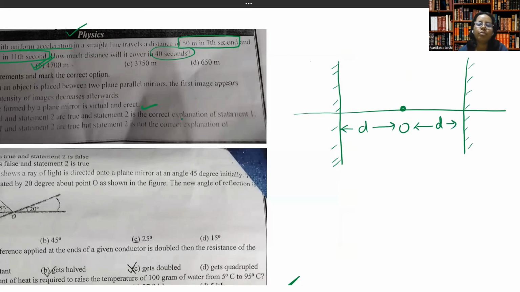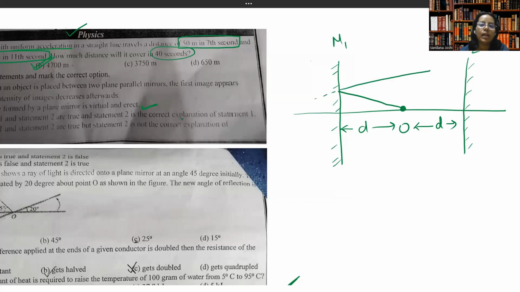Now, if I look at this M1 and let it be M2, if the light from this object falls on mirror M1, it's going to strike somewhere here and then it is going to be reflected, right?